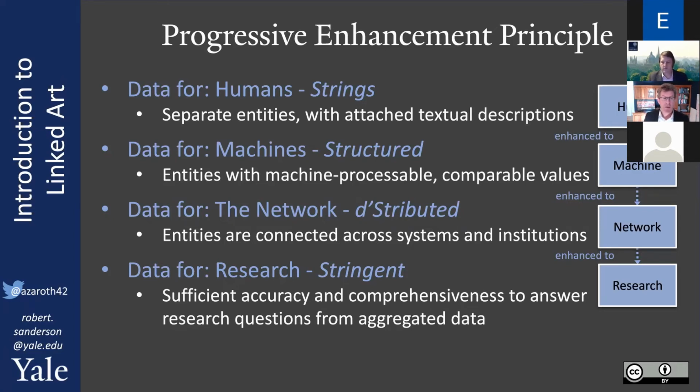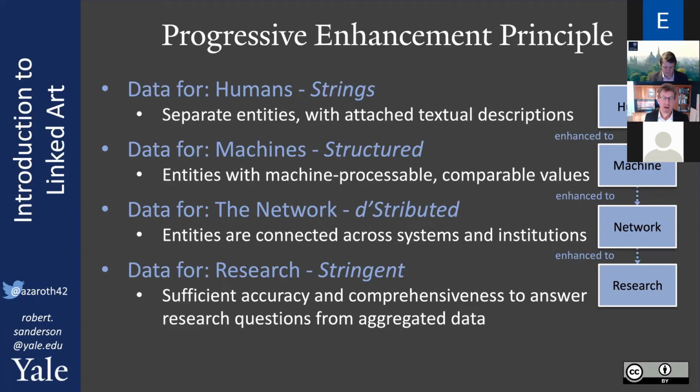Then we can go to data for the network, or distributed, to follow the STRA pattern, where entities are connected across systems and then across institutions. This gives us greater insight into the ecosystem and the shared cultural heritage that we all participate in. Then finally, data for research, where the data needs to be more stringently assessed.